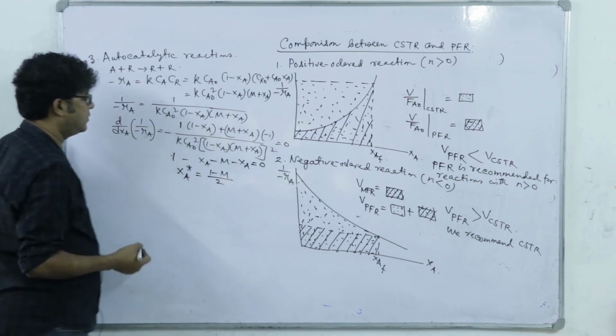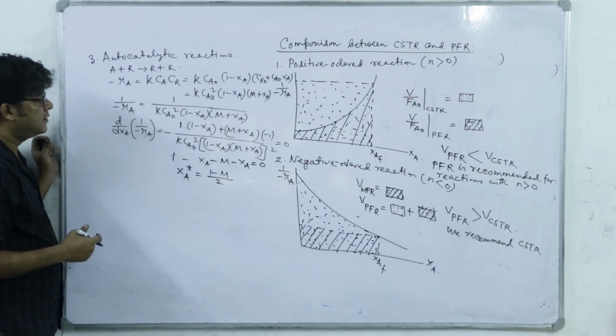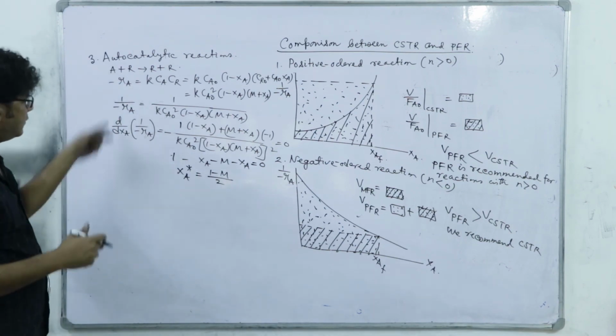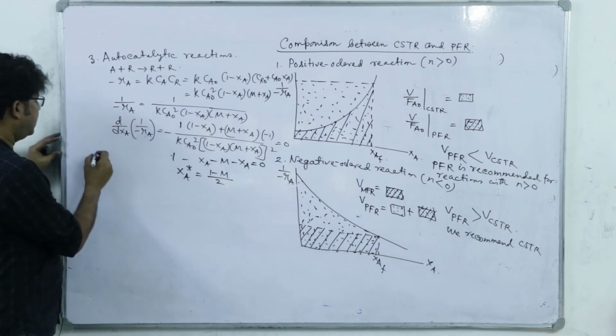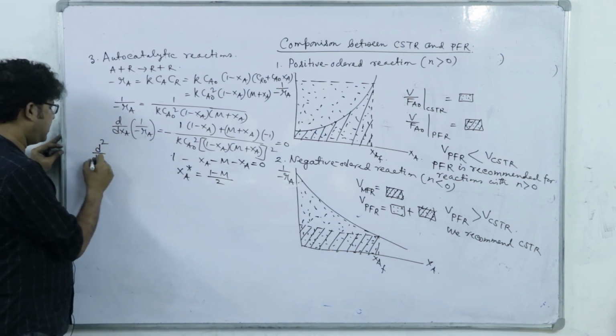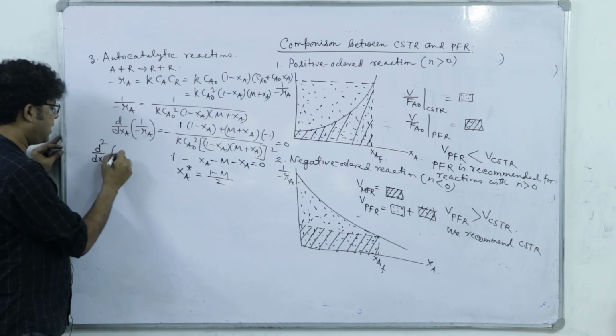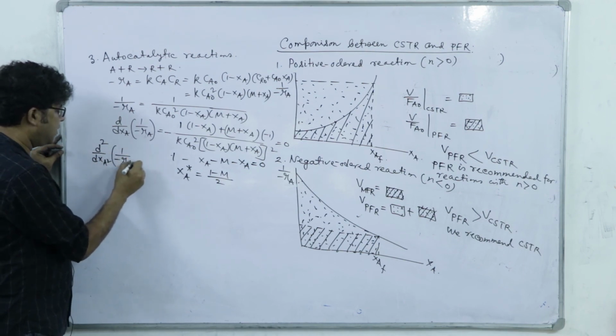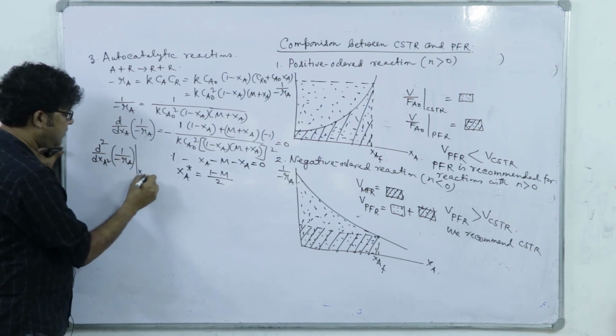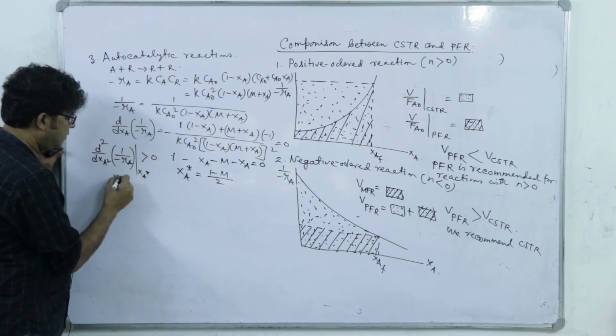So at that point the 1 by minus RA will be passing through a minima. If you take the second derivative, d square dXA square of 1 by minus RA at XA star is positive. So it is a minima.